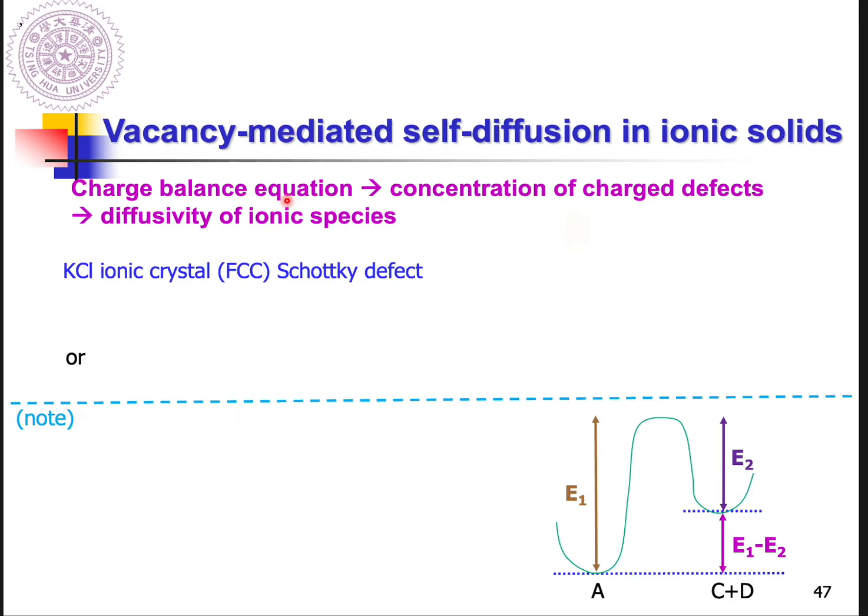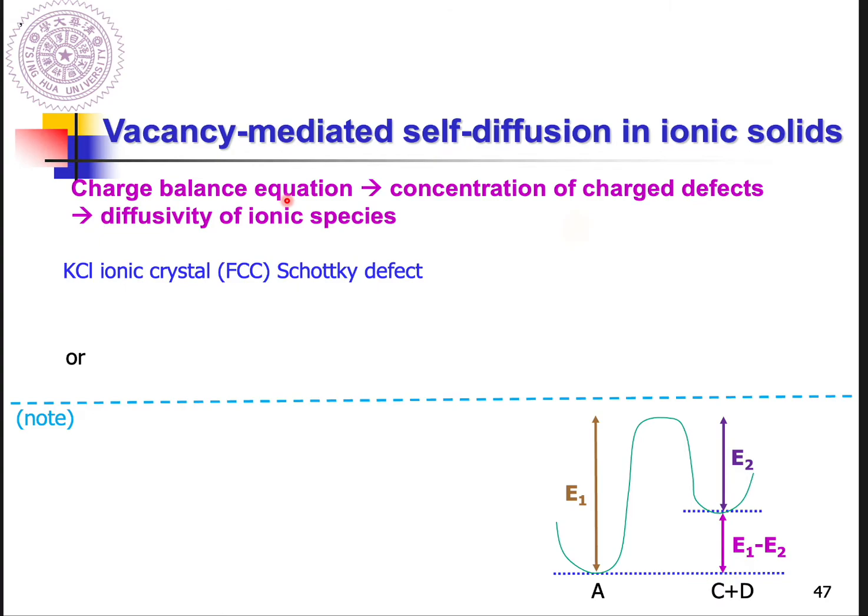Now you have some idea about the defects that generate or produce the vacancy for the ions, right? Next we are going to show you how we can get the diffusivity for specific ions in these ionic materials.